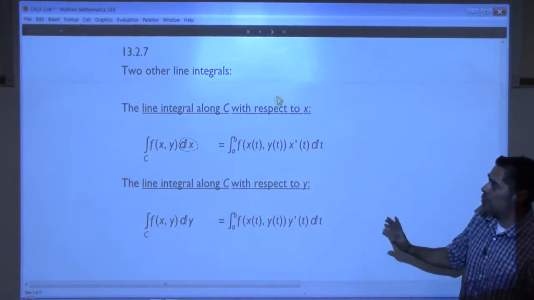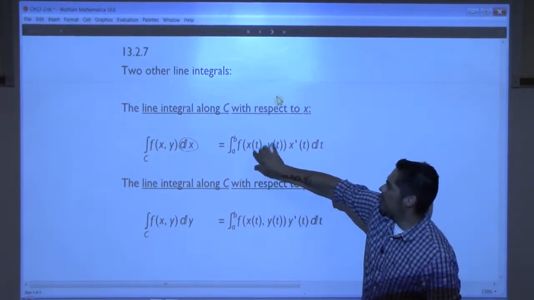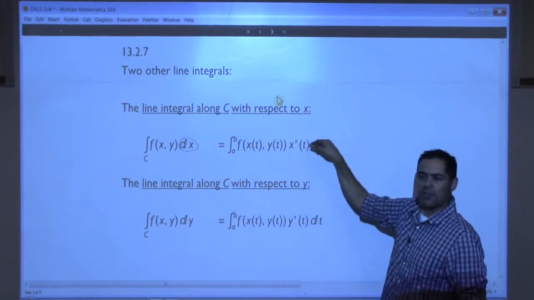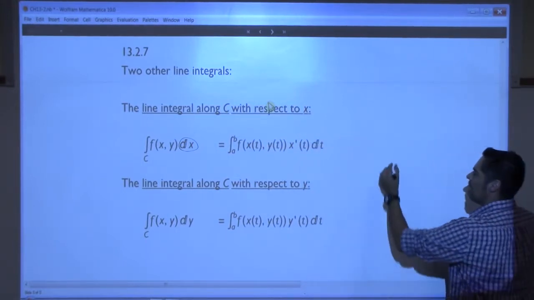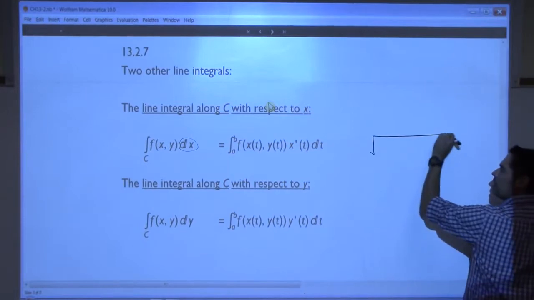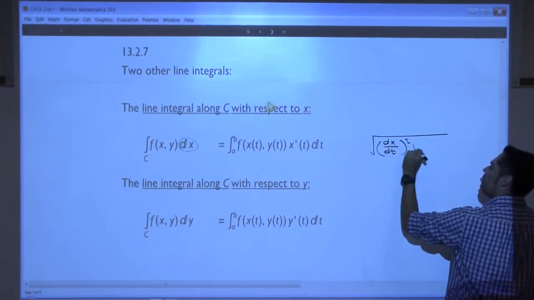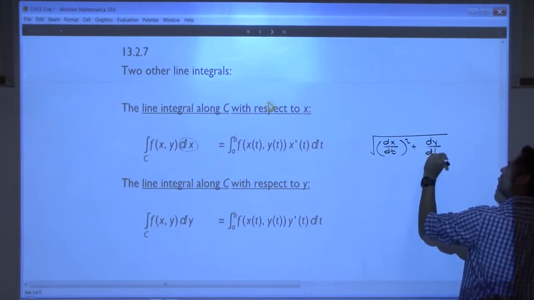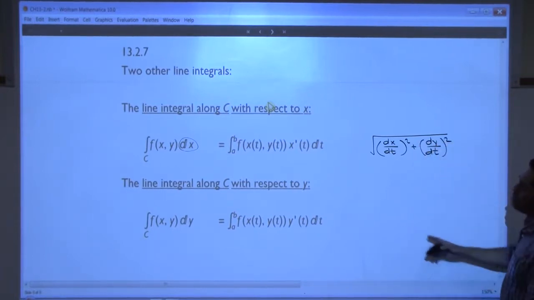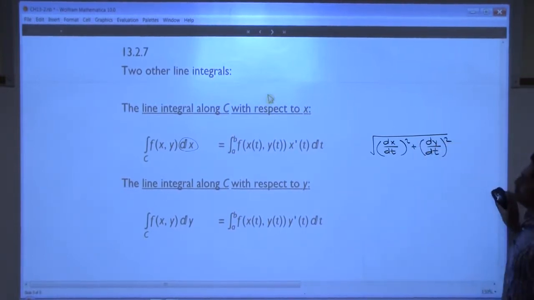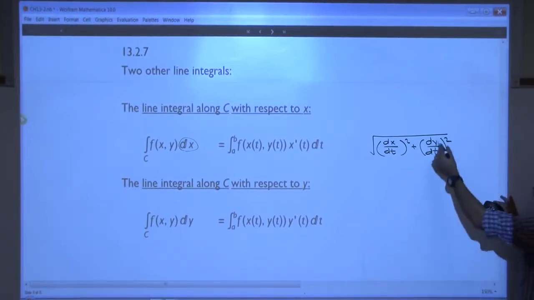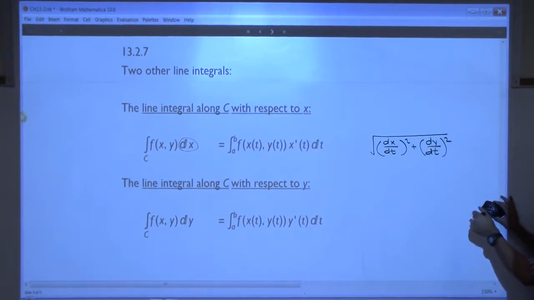That makes it a lot easier to do because this part's the same, but instead of having to do square root of all that stuff squared, what you're basically doing is dx/dt squared plus dy/dt squared. And when you're doing it with respect to x, you're basically taking dy/dt to be 0.